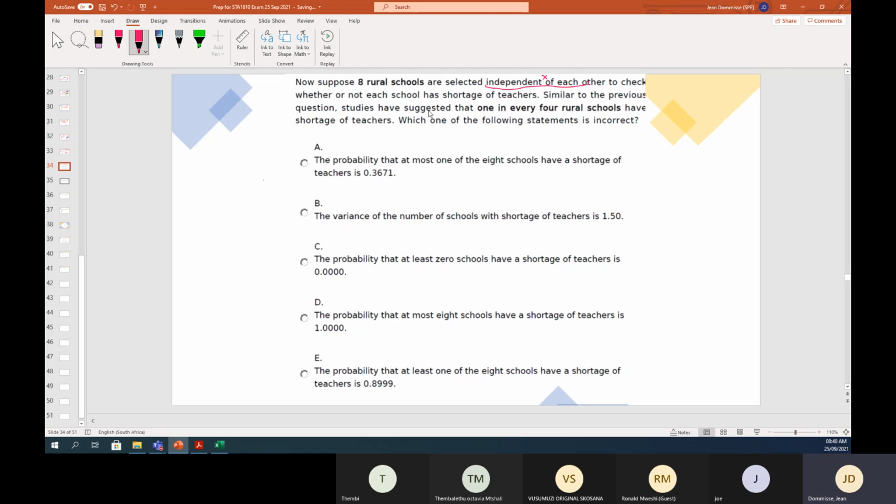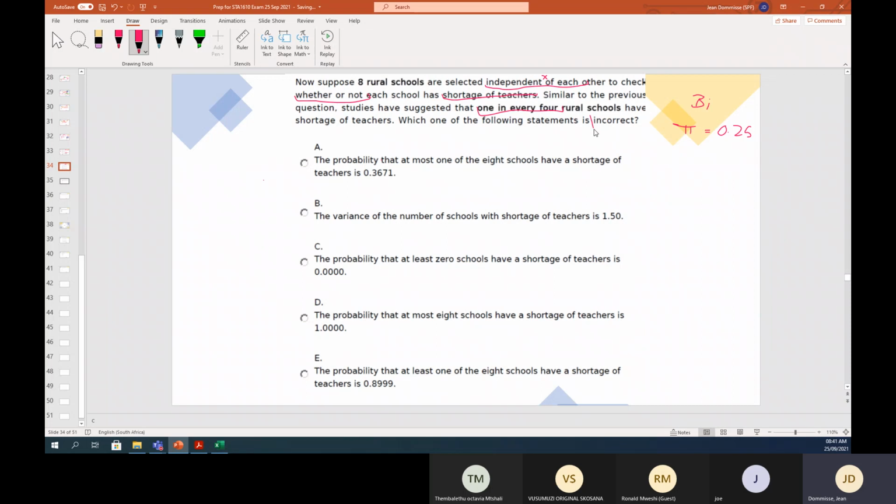Check whether or not each school has a shortage. So again, independent, whether or not it has a shortage tells us it is binomial. Similar to the previous question, studies have suggested that 1 in every 4, so there again, pi is equal to 0.25.